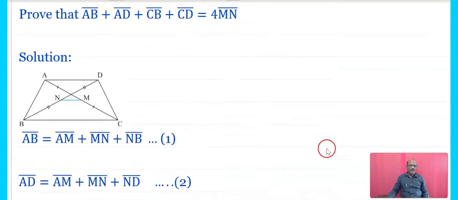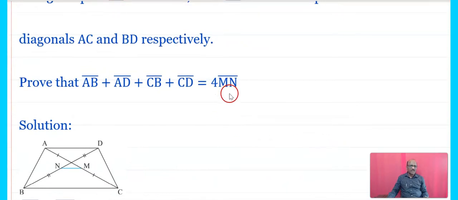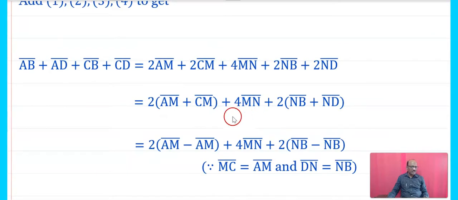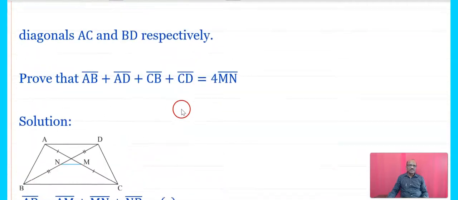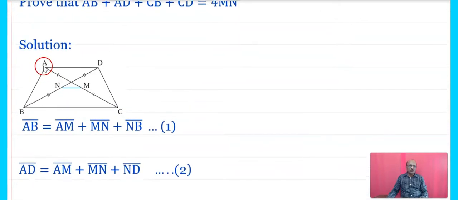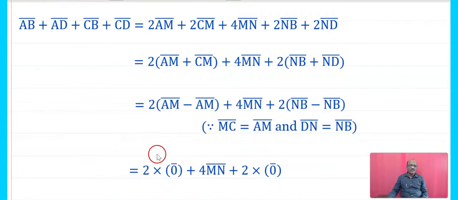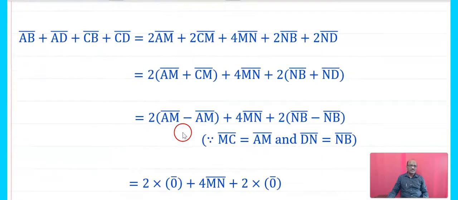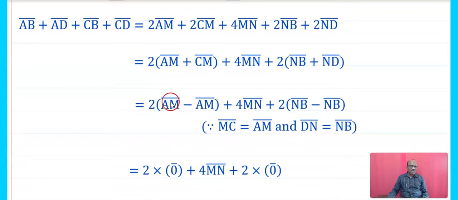We want to prove that its sum is 4 times MN. Now see this here, AM plus CM, both of them are in opposite directions, and M is the midpoint of AC, and therefore CM bar is replaced by minus AM, and that will become 0.